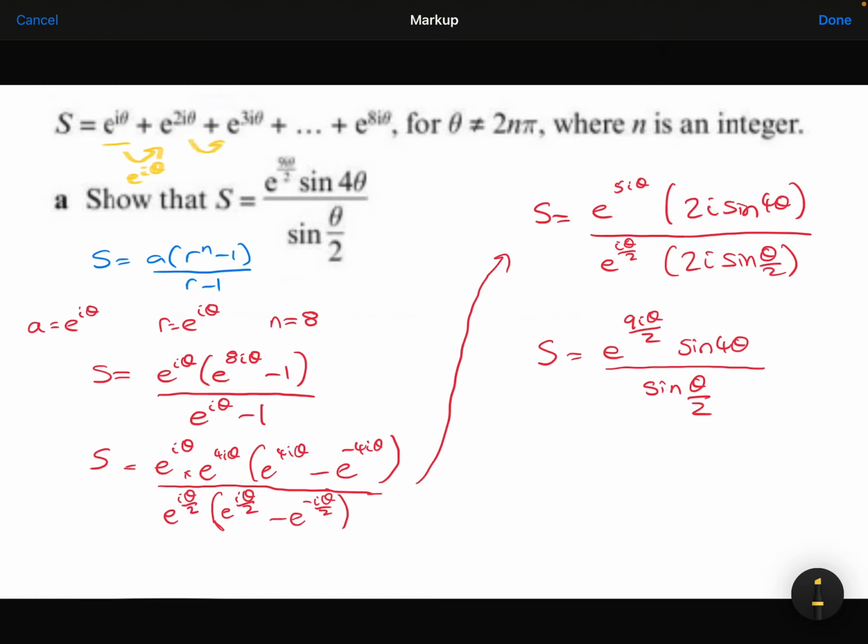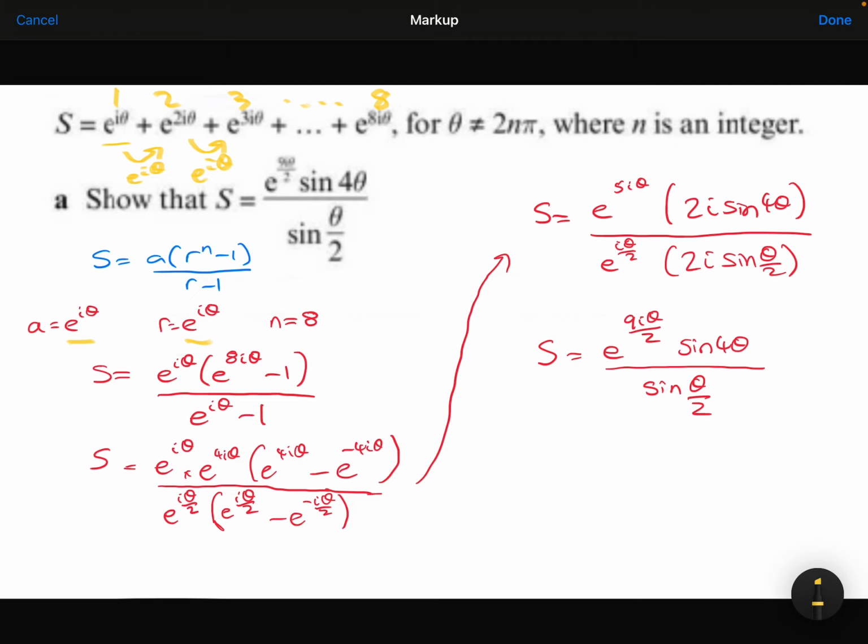E to the 2i theta multiplied by e to the i theta is e to the 3i theta, and so on and so on. So we have a geometric series with first term e to the i theta, common ratio e to the i theta, and there are 8 terms in this sequence. First term, second term, third term, all the way up to the 8th term.